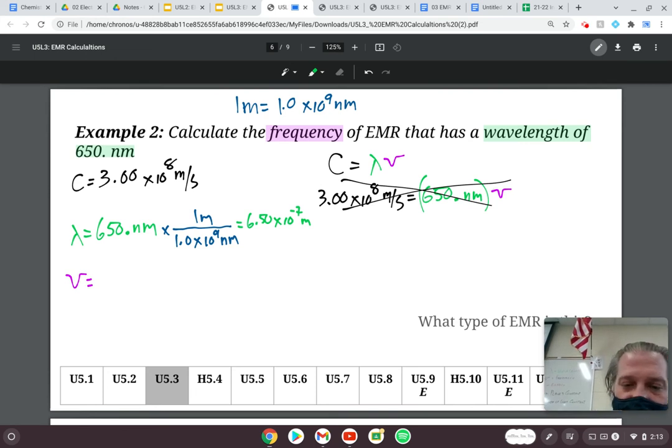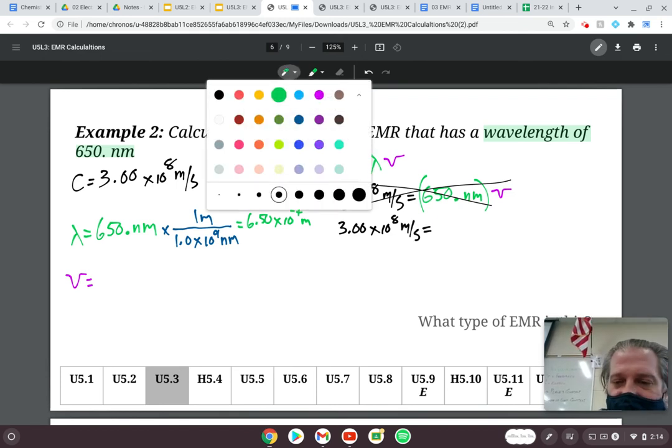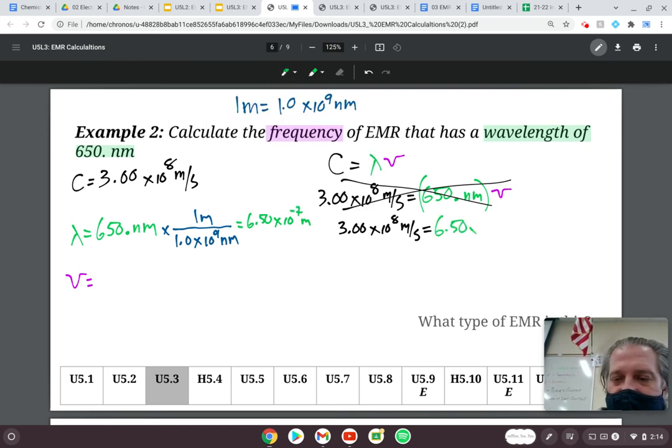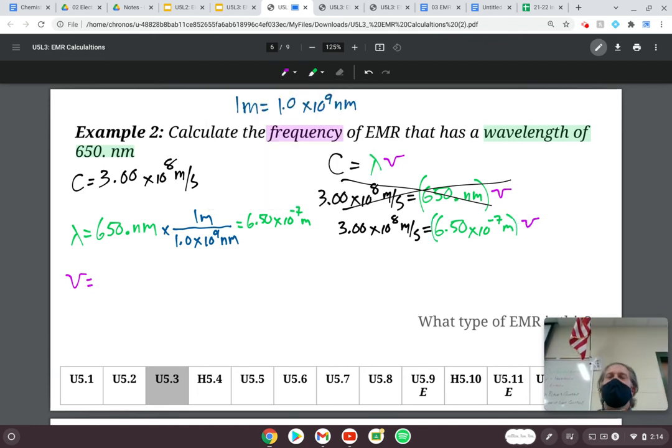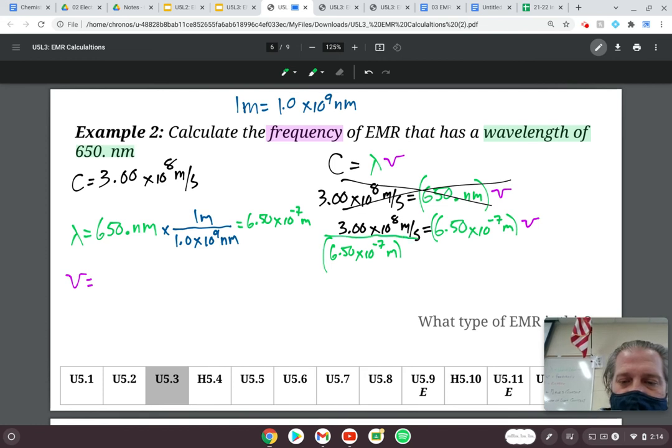So I'm going to rewrite it real quick: 3.00 times 10 to the 8 meters per second equals the correct converted value, 6.50 times 10 to the negative 7 meters, times frequency. Again, I'm going to divide both sides by the wavelength, like so.